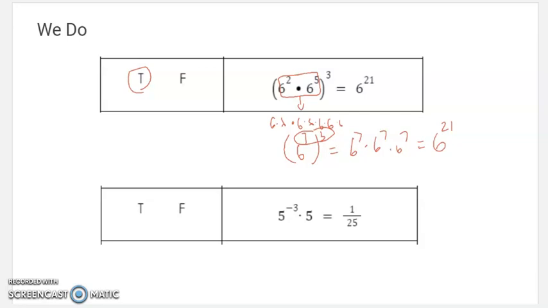So this one, let's see if that's true. So 5 to the power of -3, that is the same as 1 over 5 to the power of +3. That's what we do with negative exponents, times 5. And let's see if that equals that.